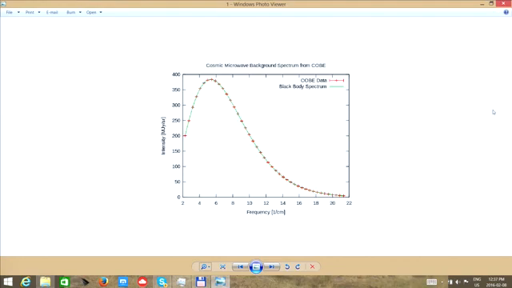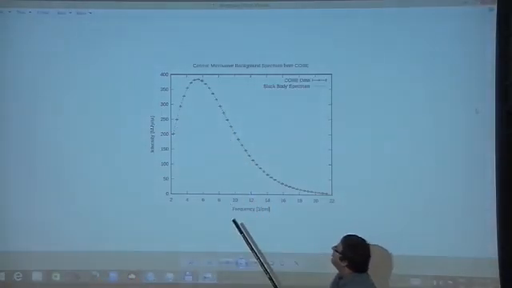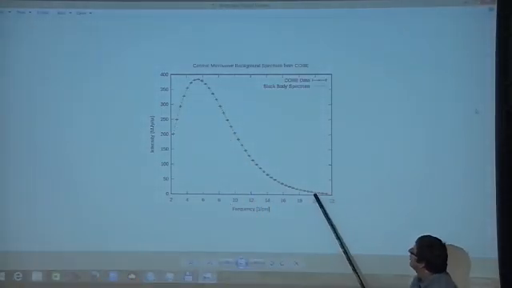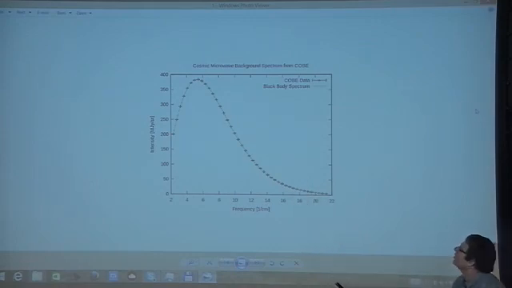So just to show you what I just told you: here the green thing is the perfect black body, and the red crosses are the observation, which was produced by the COBE satellite. So you see that really in each direction I have a perfect black body.